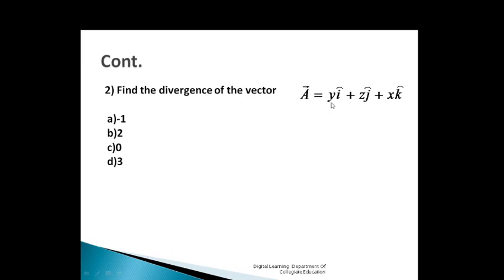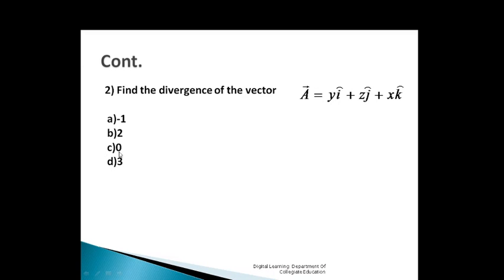If we differentiate with respect to x, y is constant, so the value will be 0, and likewise for z and x. Whereas the variables are different, therefore according to the answer, option A is -1, option B is 2, option C is 0, option D is 3.